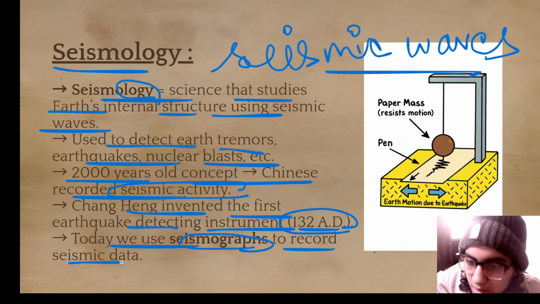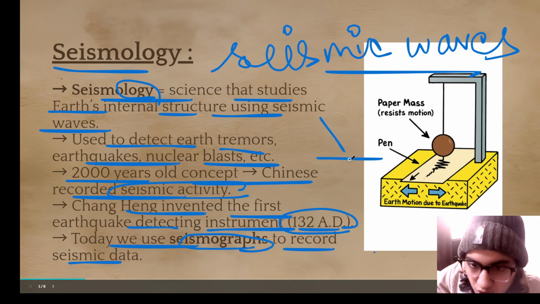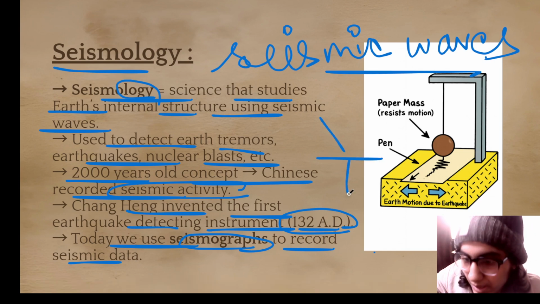So what happens when an earthquake occurs? This ball shakes, and the pen on this ball creates the pattern on the graph. On this graph the scientists study the waves, like where they are bending. If the waves bend at that point, that means it changes layers, or it changes the medium.